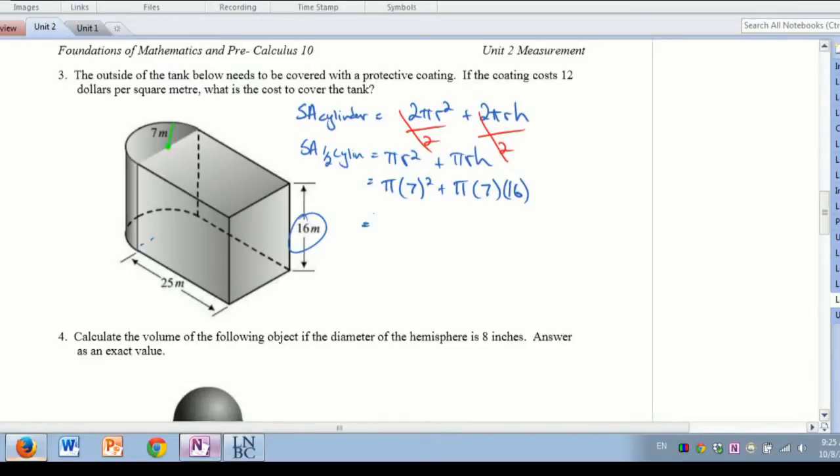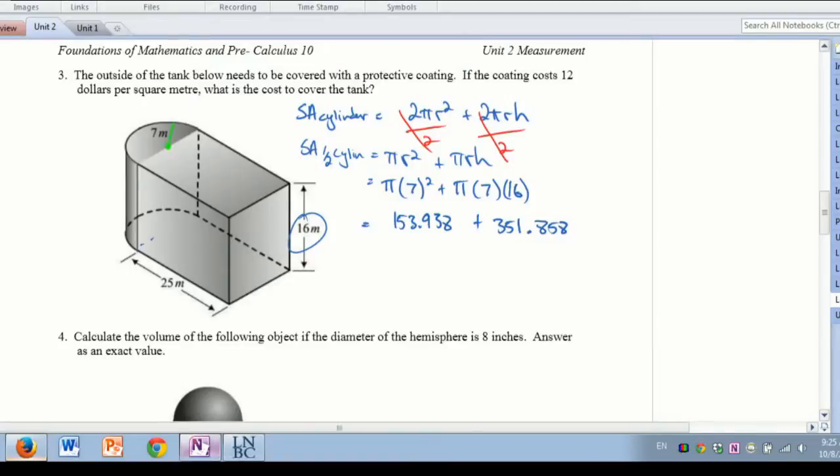All right, find my calculator here. So pi times 49, 7 squared, is 153.938. And then pi times 7 times 16 is 351.858.